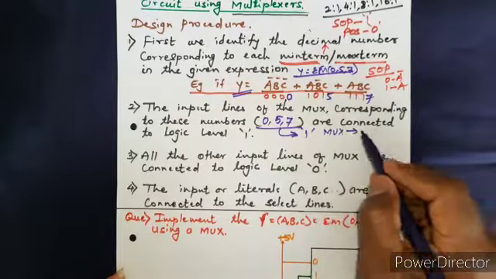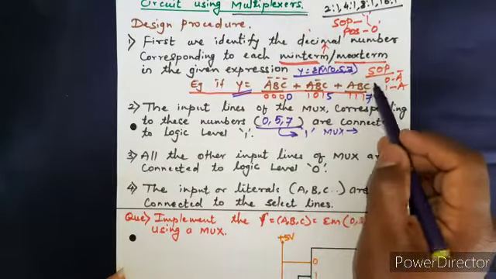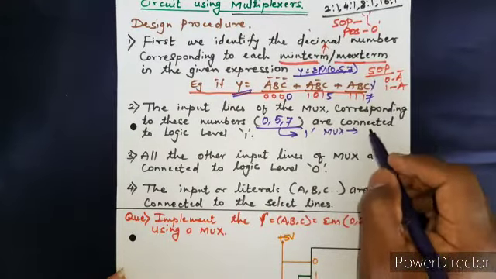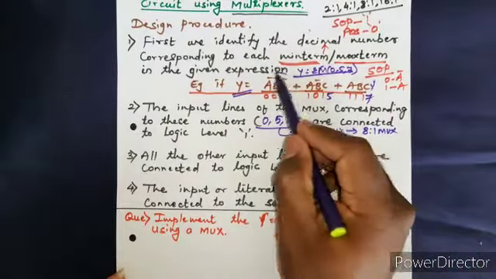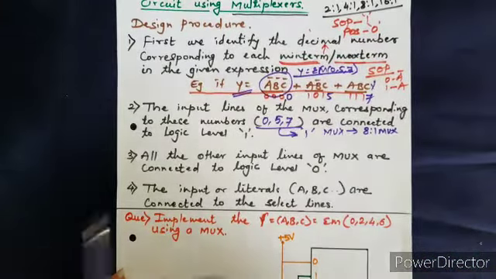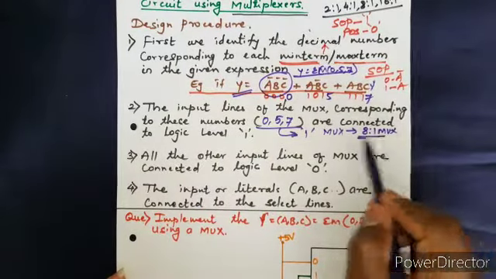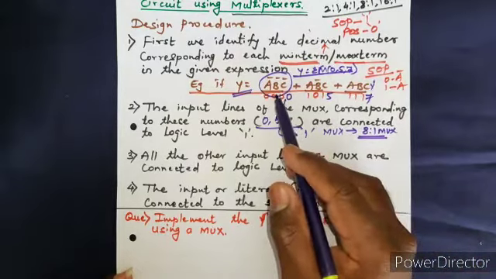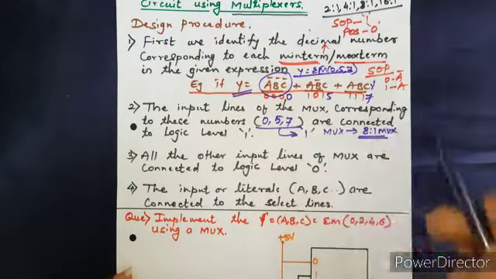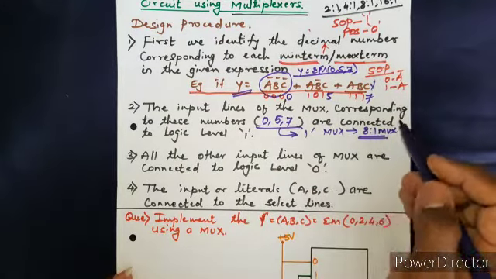That is why for this example we are supposed to use an 8:1 mux. Here 3 variables are given, and 3 variables means 3 select lines, so we need an 8:1 mux.